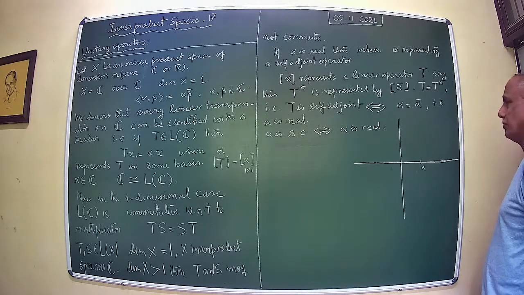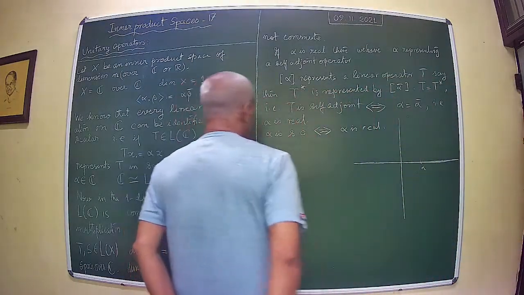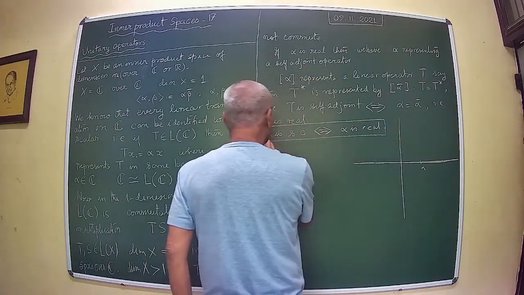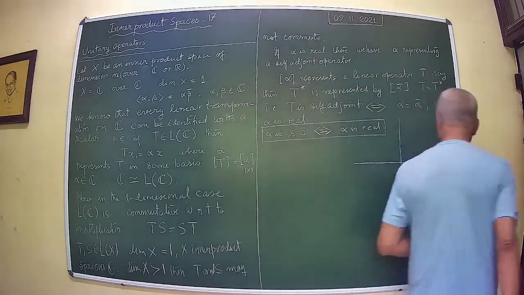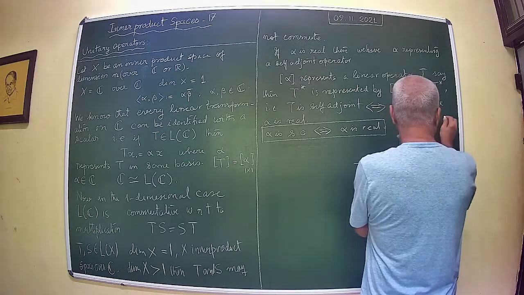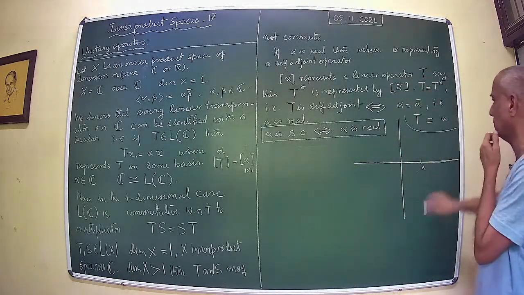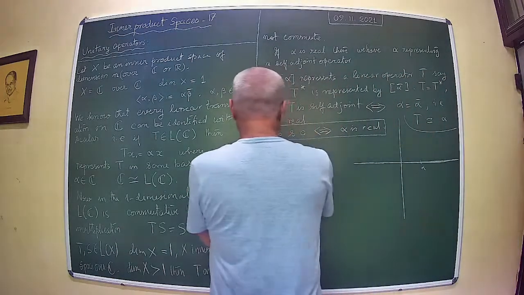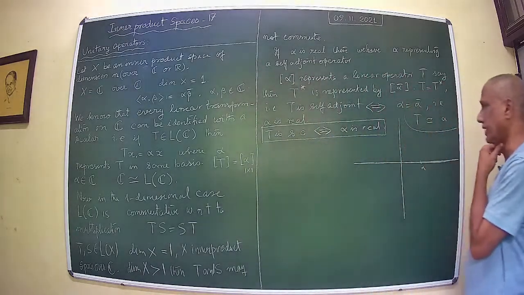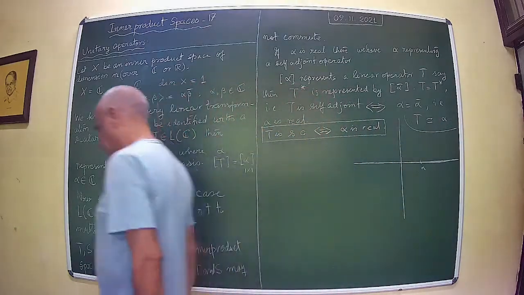So T is represented by alpha, and T is self-adjoint if and only if alpha is real. Okay, so that is our contention.